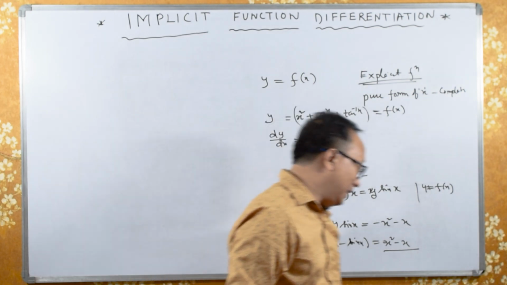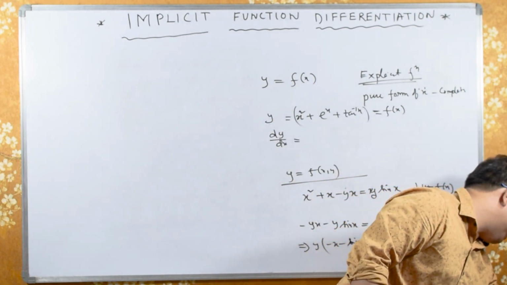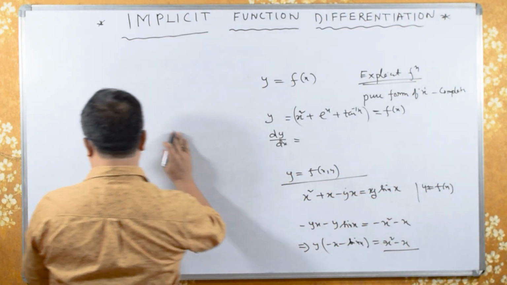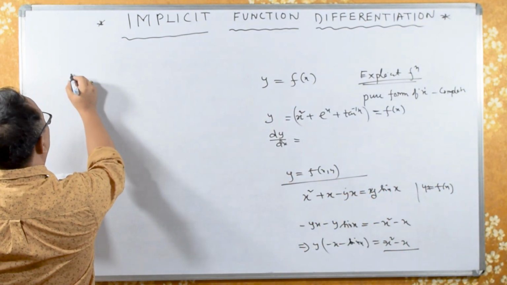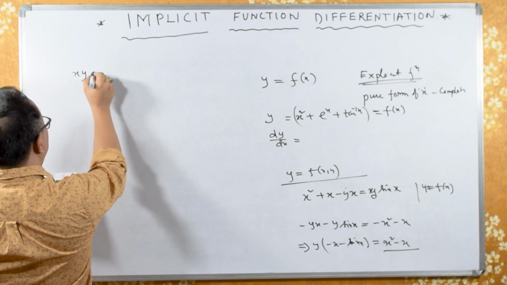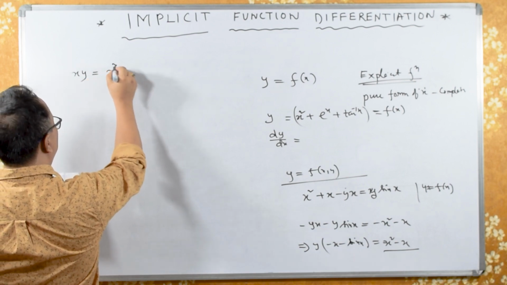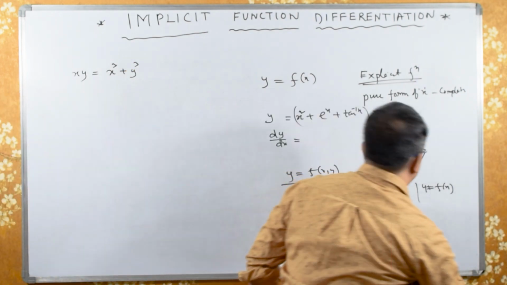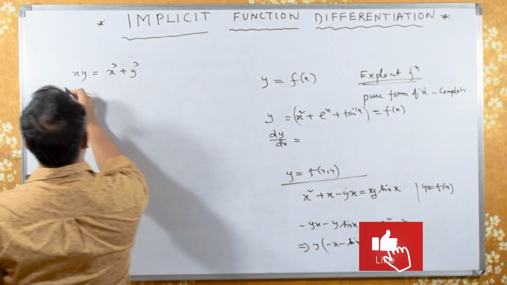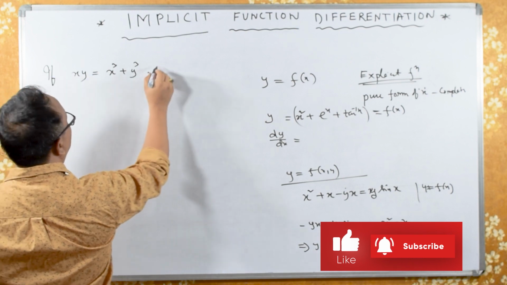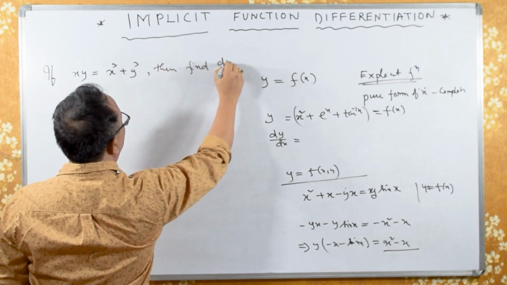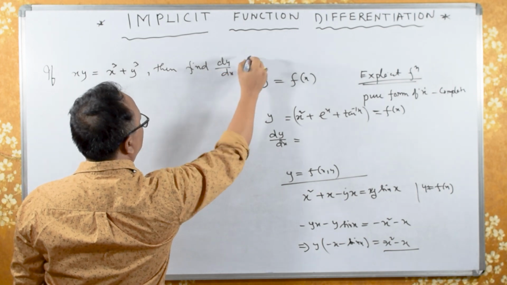Let's take another example for an implicit function. Here if I have xy equals x cube plus y cube, find dy by dx.